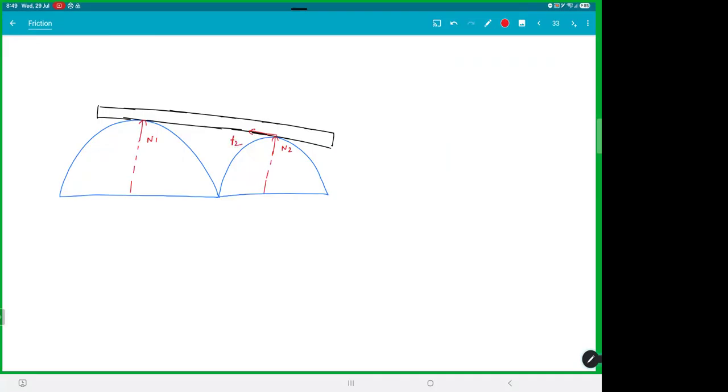This will be friction F2 and this will be friction F1, and this rod is pulling with mg sin theta. So we can extend this. This will be theta. So we don't know what is theta. Mg sin theta, and this is mg cos theta.